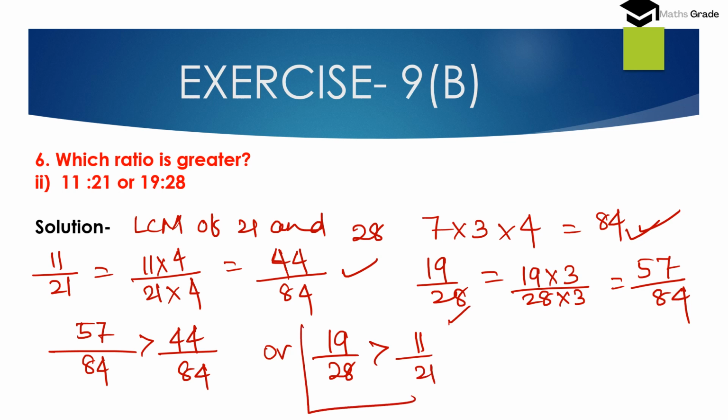So 19 divided by 28 is greater than 11 divided by 21. So 19 is to 28 is the greater ratio. So between 11 is to 21 and 19 is to 28, 19 is to 28 is the greater ratio.